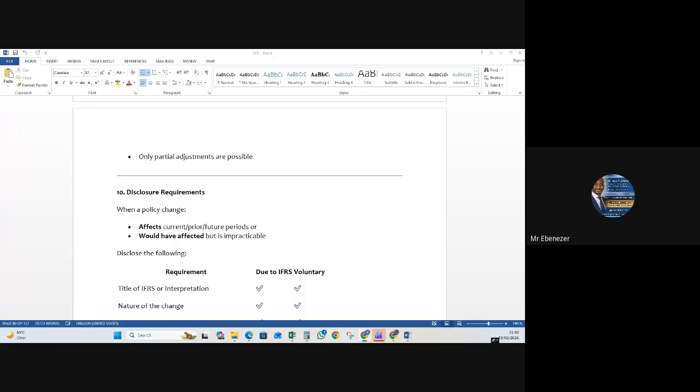Then also, you need to show how it would have affected the financial statements, even though it is impracticable. So even when it is impracticable, you still need to disclose that.